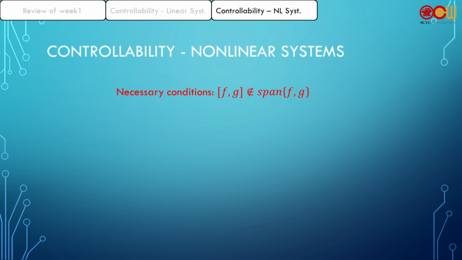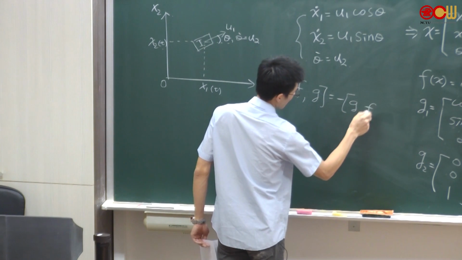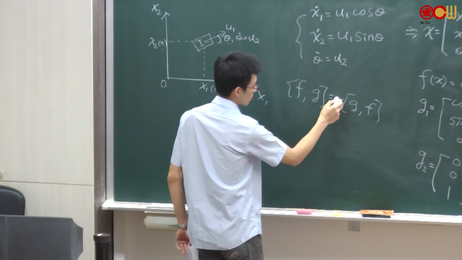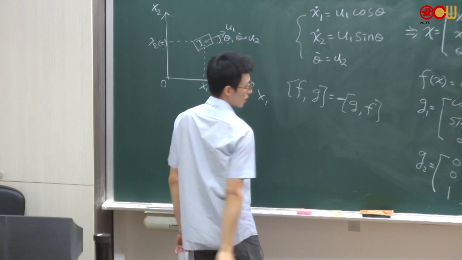And here's another necessary condition. Again, necessary, not sufficient. The Lie bracket of f and g cannot be in the span of f and g. Otherwise, it will not be controllable. Also, this is another property. If you swap g and f, there will be a minus sign. Okay.